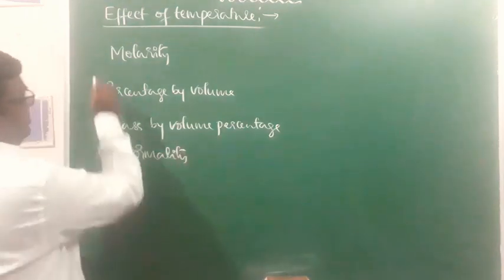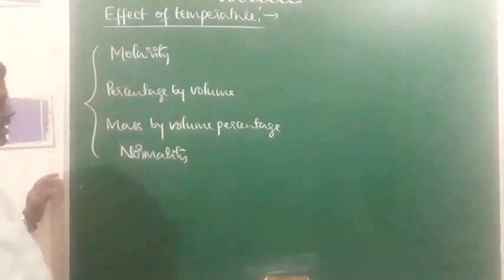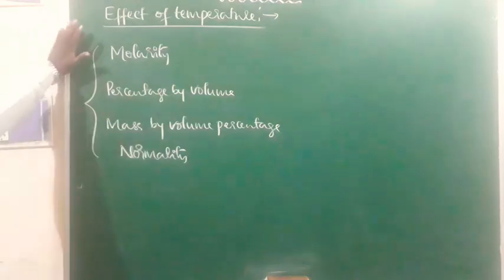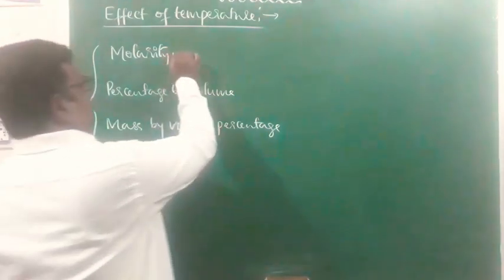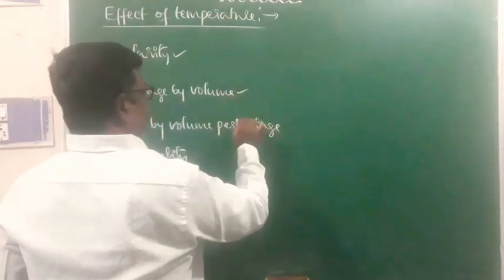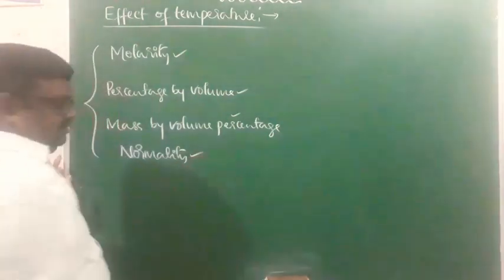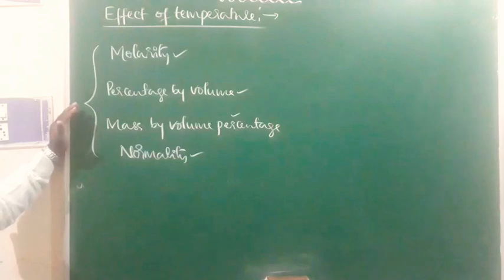Normality is not included in your syllabus, but still these are the four methods of expressing concentration of solutions: molarity, percentage by volume, mass by volume percentage, and normality. All these methods depend on temperature.